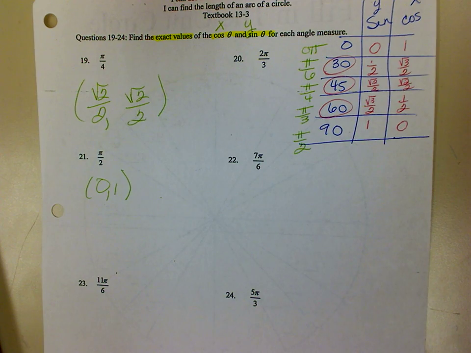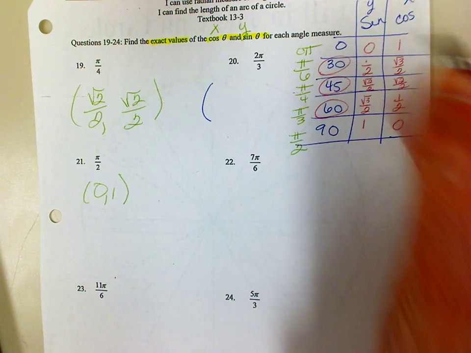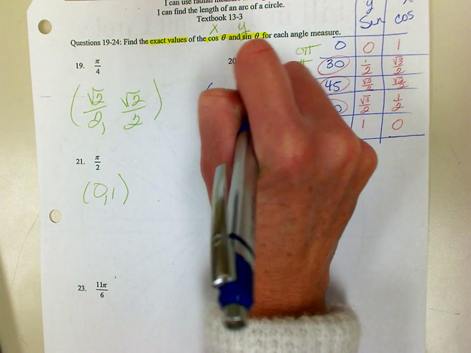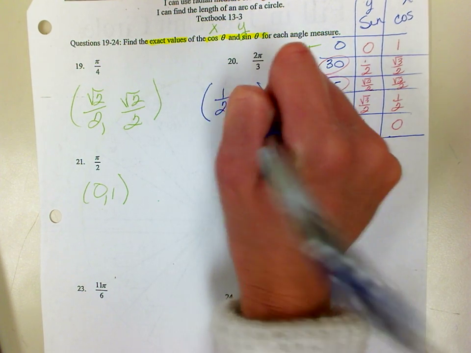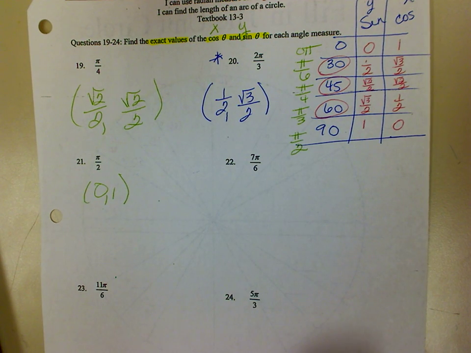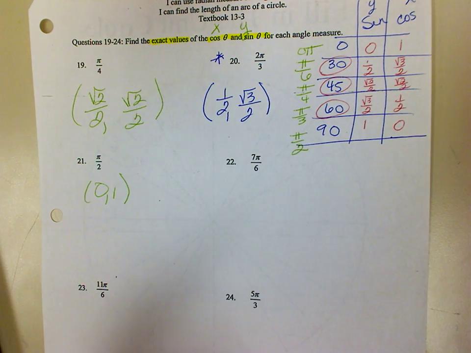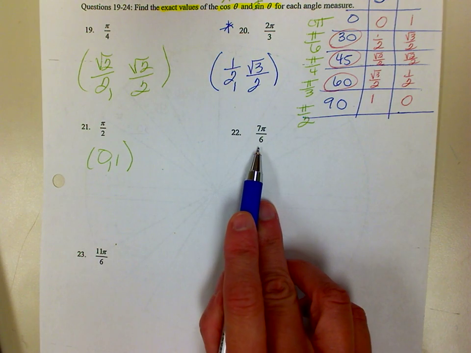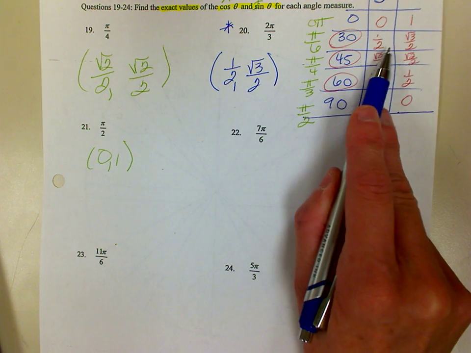Let me go ahead and write that down. Let's see, 1/2, root 3 over 2. Now I have to come back to this one because I'm not in the first quadrant anymore. So one of these is going to have to be negative. Okay, this one has a denominator of a 6, so it has to be this ordered pair.